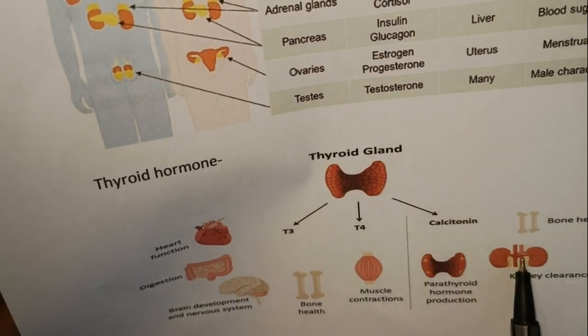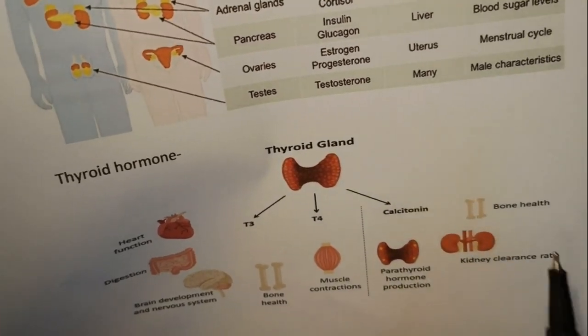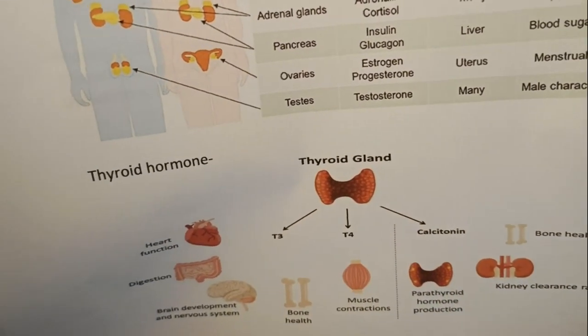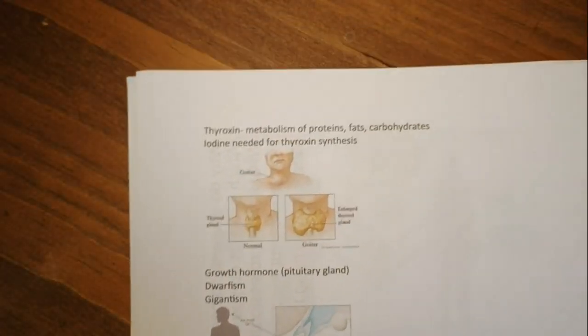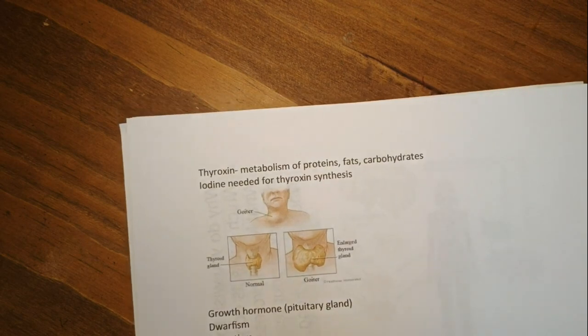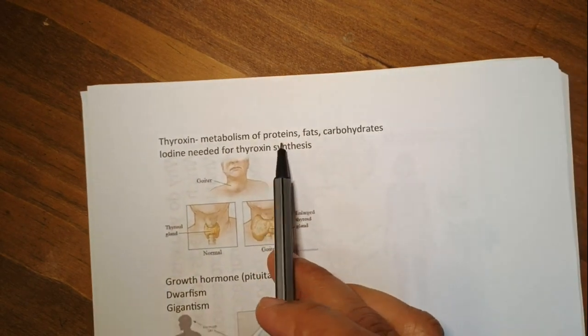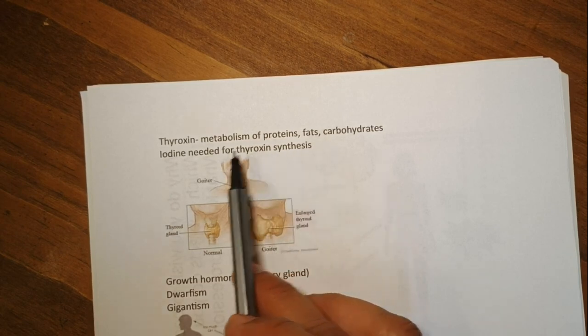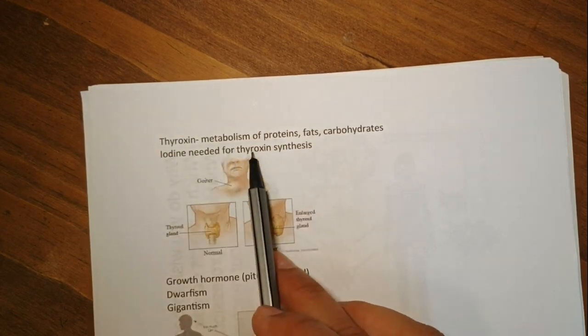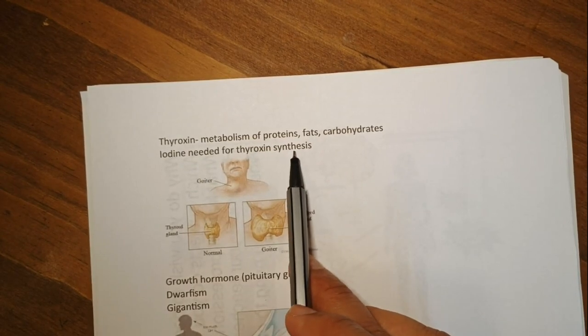It works in the renal system and it has a role in bone health as well. So that's about thyroid. Thyroid helps in the metabolism of proteins, fats and carbohydrates. Iodine is needed for thyroxine synthesis.